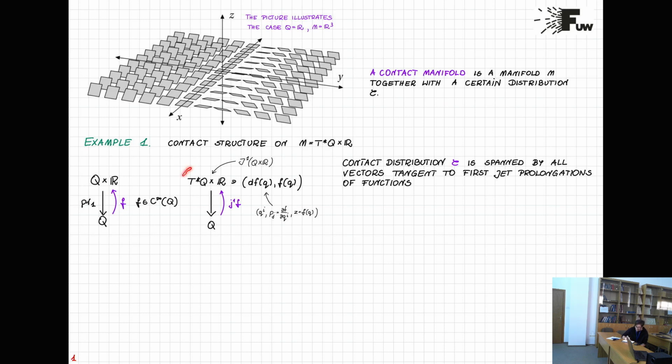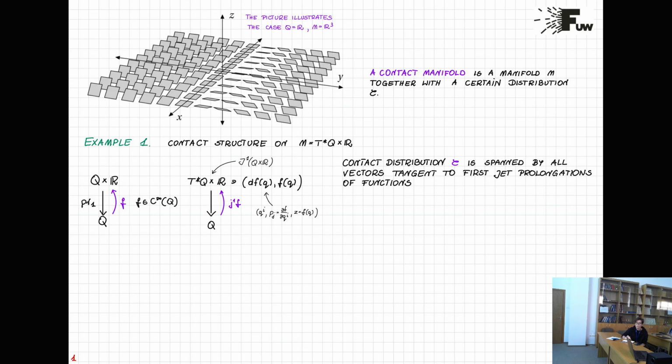And in case when the bundle is trivial, if we take a section of a trivial bundle with the fiber which is R, the first jet prolongation has very simple structure. It is our future contact manifold. So the first jet consists of a differential and the value of the function.